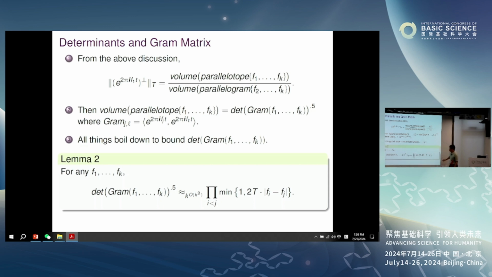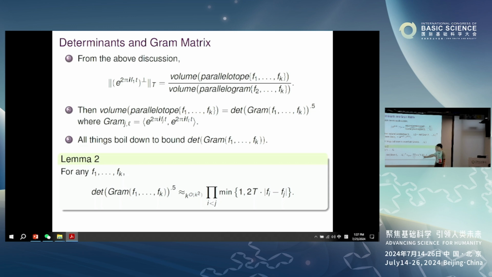Our most technical lemma is to bound the determinant of the Gram matrix. It says that for any frequencies f1 till fk, the determinant of the Gram matrix of these k wave functions, after taking the square root, is basically the pairwise product of all frequency differences ij.